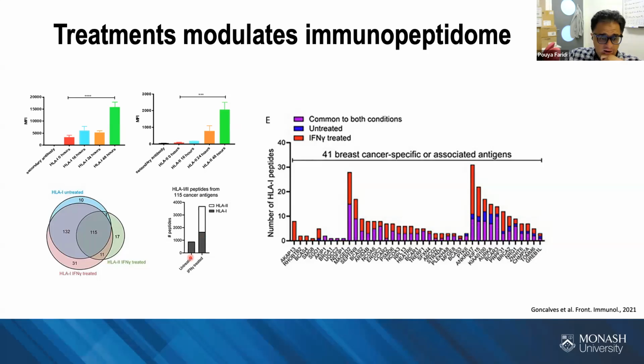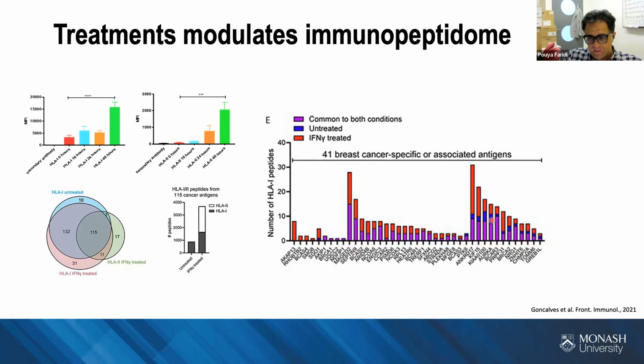And when we look at the number of peptides, we see 4 times more peptides with interferon gamma. Very interestingly, 50% of peptides derived from cancer antigens are expressed only by HLA class 2. The other interesting thing we found was that most of the peptides from cancer testis antigens, before or after interferon gamma treatment, are shared with and without interferon gamma, what you see here in purple.